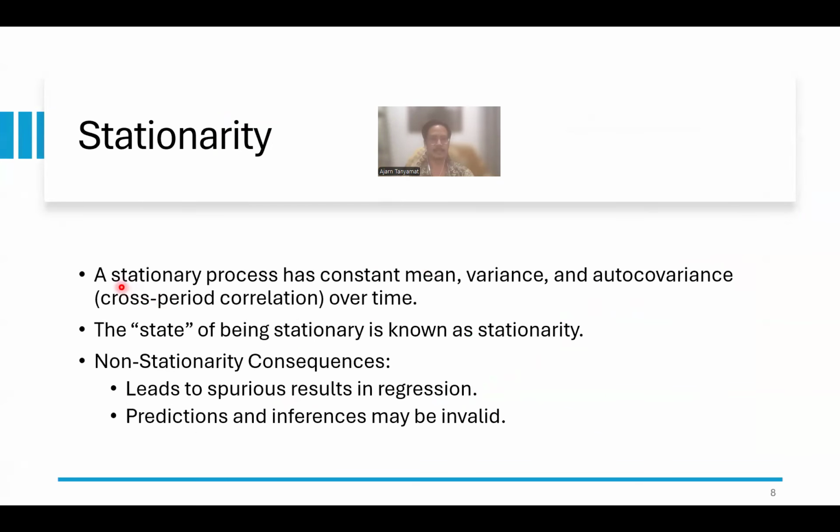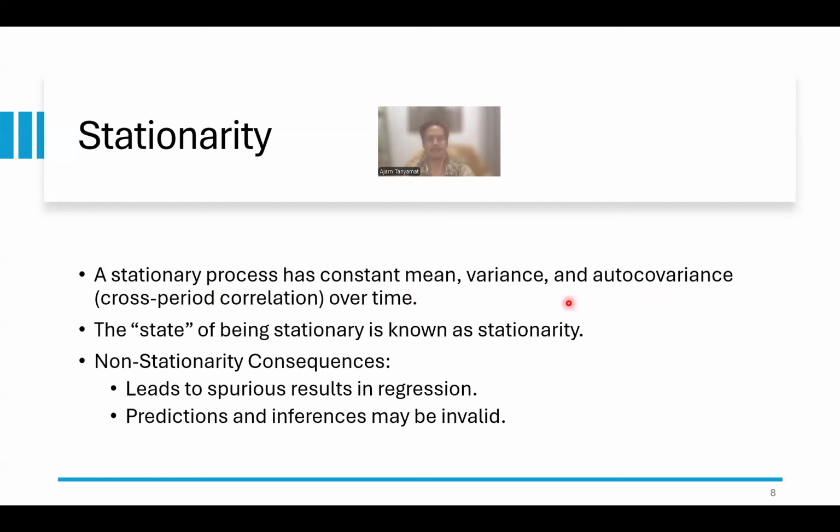Okay, a stationary process. Now, the word here is a technical term, so you're gonna have to note that stationary, right? It's a technical term. A stationary process or time series has constant mean, variance and autocovariance. Autocovariance just means the correlation across time period for the same variable.